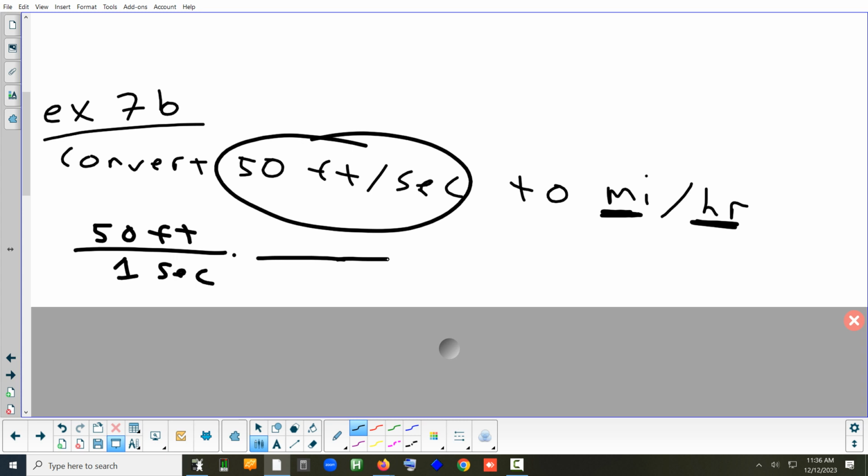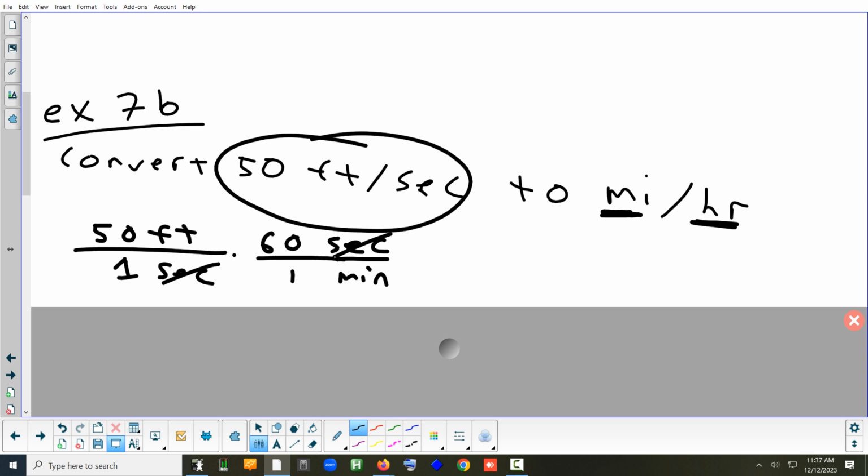If we want it to cancel out over here, it's going to go in the top. So seconds in the top, minutes in the bottom. Connection between minutes and seconds? 60 to 1. Yep, 60 seconds in 1 minute. Okay, what unit is gone now? Seconds. Now, if that's all you did, you'd have feet per minute.